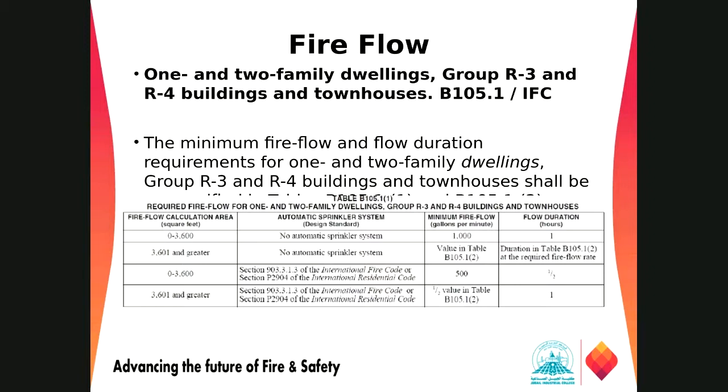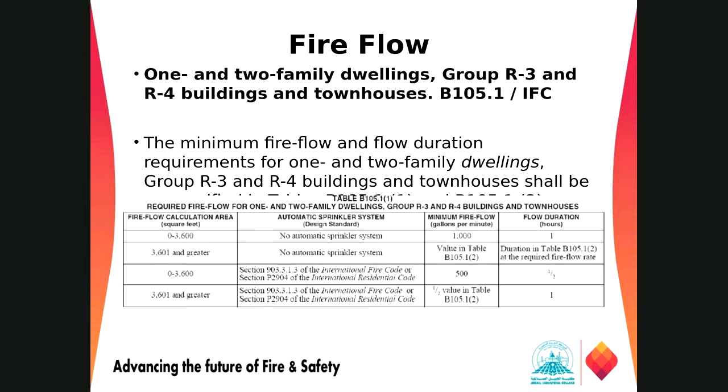Then the fire flow requirement for 1 and 2 family dwelling units or group R3 occupancies and group R4 buildings or townhouses, as per B105.1 of the International Fire Code, right? The minimum fire flow required is given based on square feet areas.